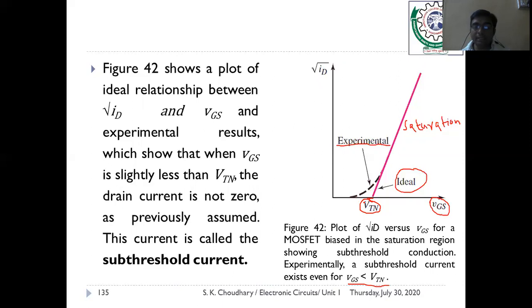When you suddenly decrease VGS below the threshold voltage, the current does not go to 0 all of a sudden; it slowly decreases and goes to 0. This means that below the threshold voltage the MOSFET is still conducting, and a significant amount of current is flowing. This current is called the sub-threshold current.